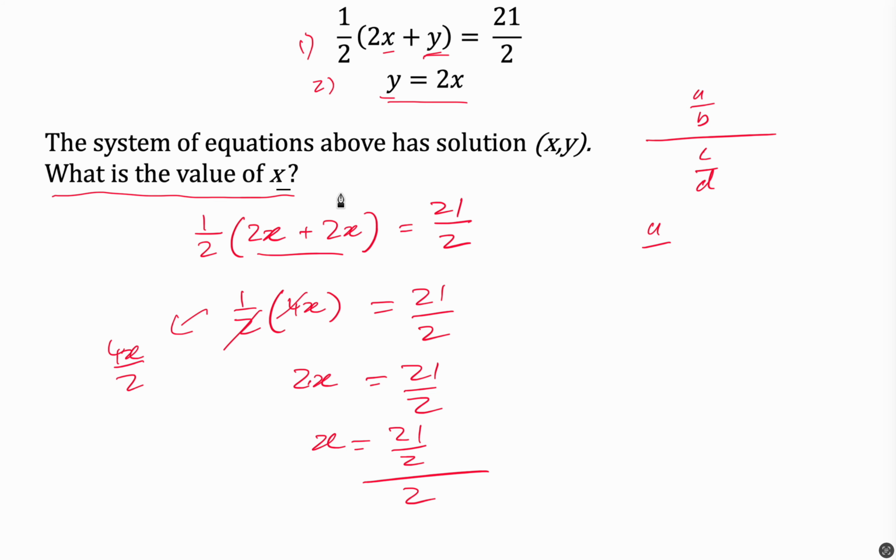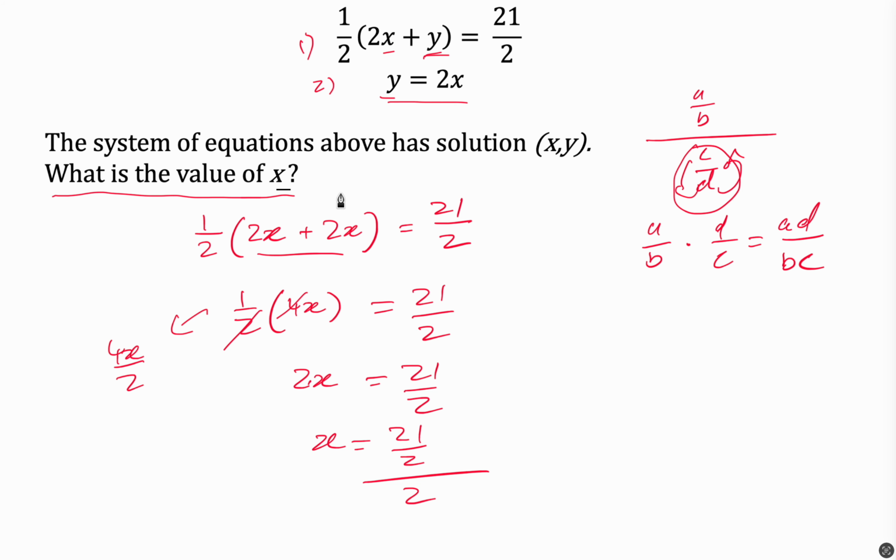So you have a over b times the reciprocal: instead of dividing by c over d, you put the d up top, so the denominator becomes the numerator, and c at the bottom, so times d over c, which is AD over BC, right? So that's how you tackle a fraction divided by a fraction.